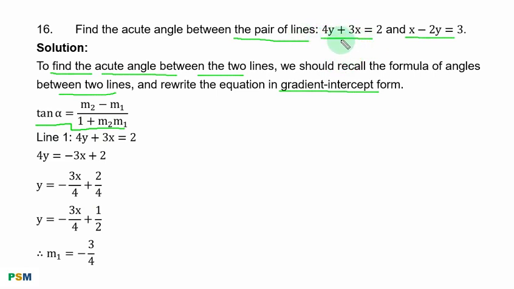To get that gradient, you rewrite line 1 to be in the form of y equal to ms plus c. When you do that, you have this result. You simply solve for y, and you have m1 to be equal to minus 3 over 4.